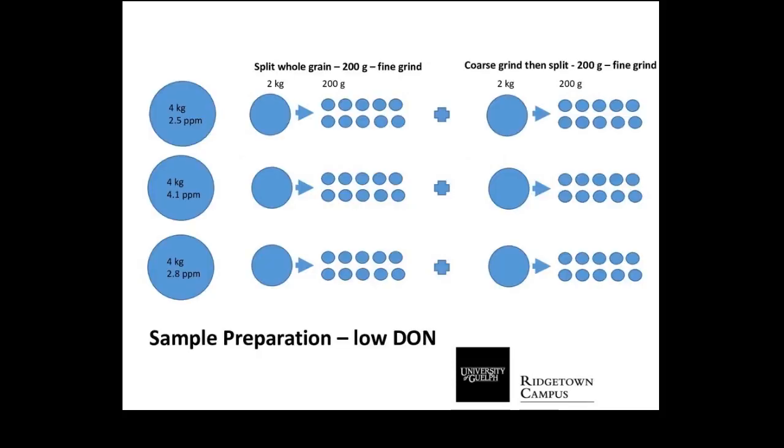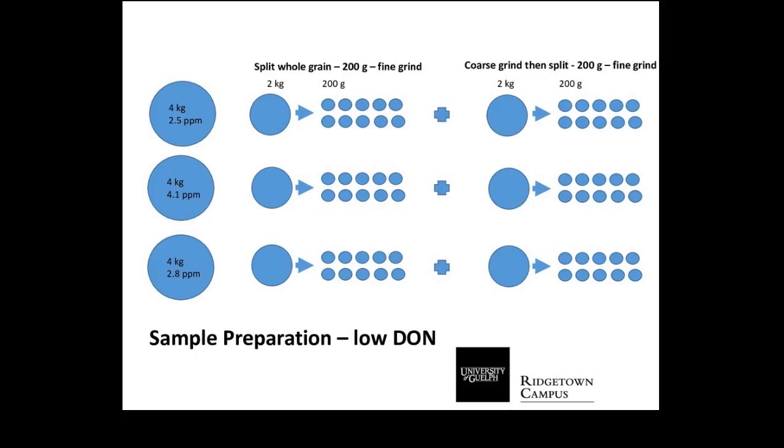And so what we did was we took a sample of corn, and we had three sets of samples where one set was a low amount of DON, relatively low. So in this case, it ranged from, we had 2.5.